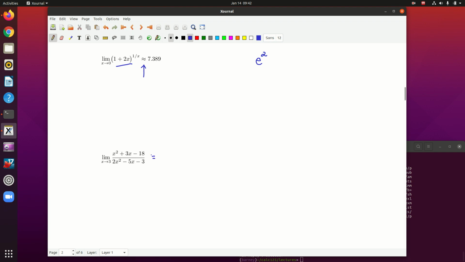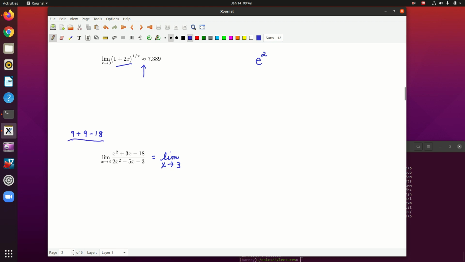So in this particular case, recopy the limit because we haven't done anything yet. So if you just try the normal thing, put in 3, you get 9 plus 9 minus 18 in the top.